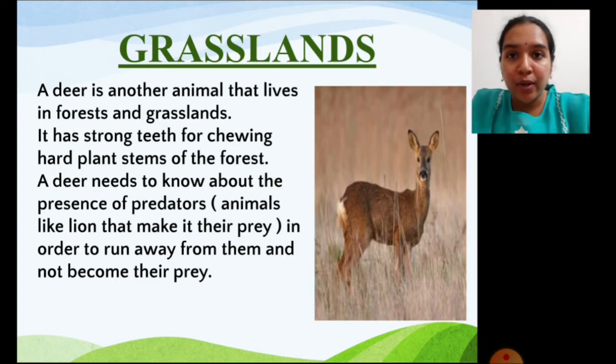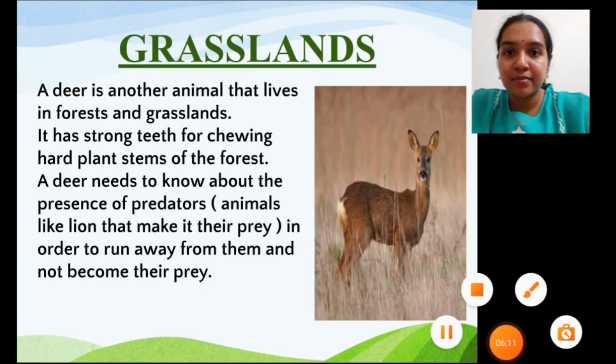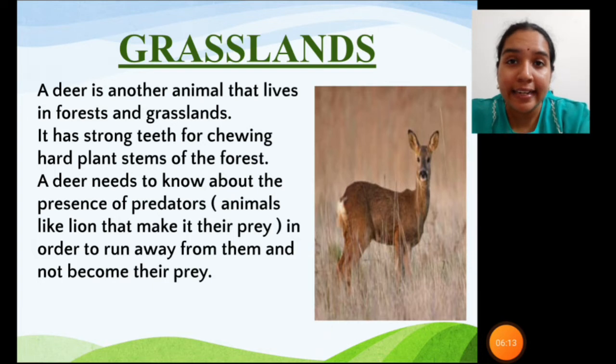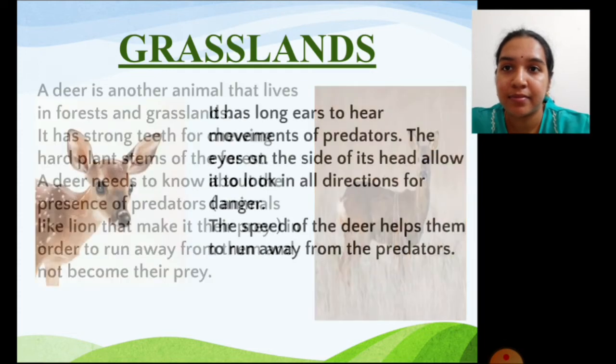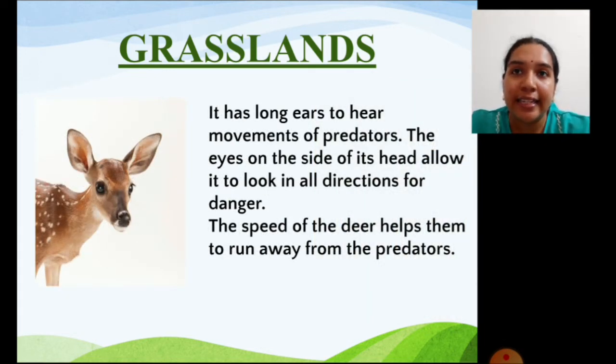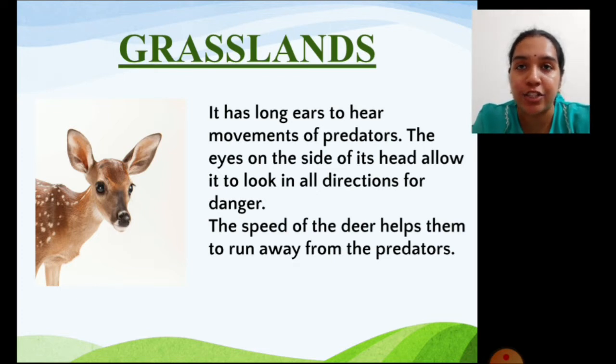So, to have a clear vision of its predator and to run away from them, the deer's eyes are on the side of its head to look in all directions if it is in any danger.